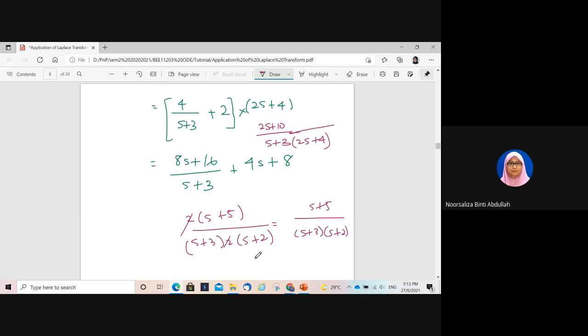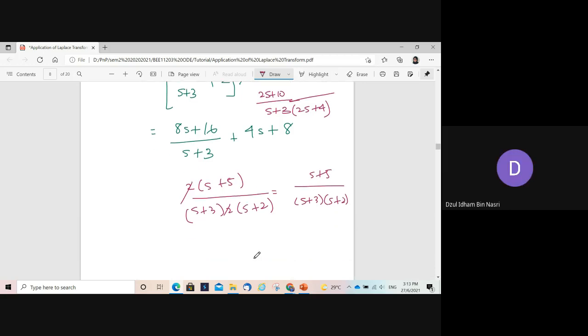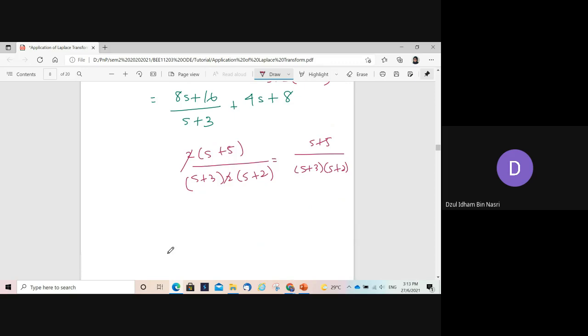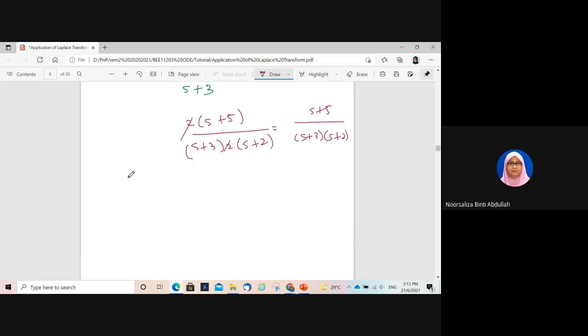Okay, lepas tu partial fraction. So S tambah 5 per S tambah 3 S tambah 2. Betul ke? Betul tak ni?